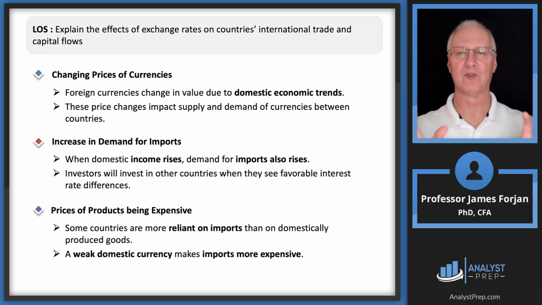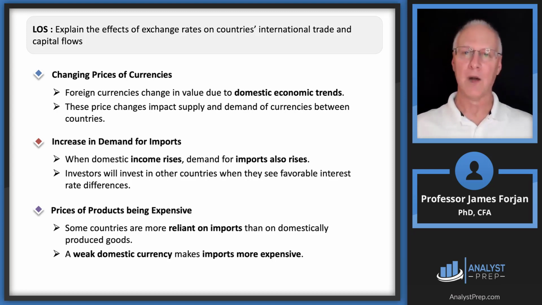So we have these trade surpluses and trade deficits, and that's going to determine whether or not there is a currency appreciation or a currency depreciation. And then couple that, look down there in the middle diamond point, with the idea that here in the United States we have changes in income.